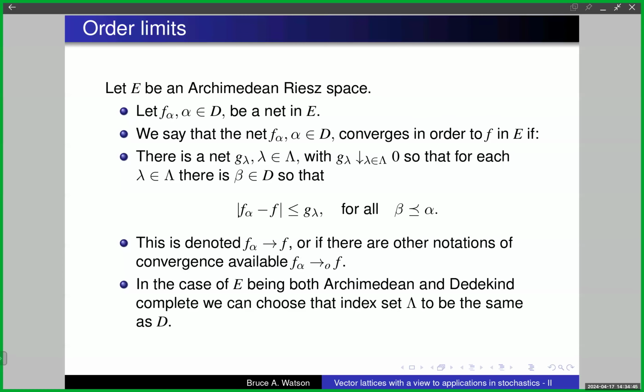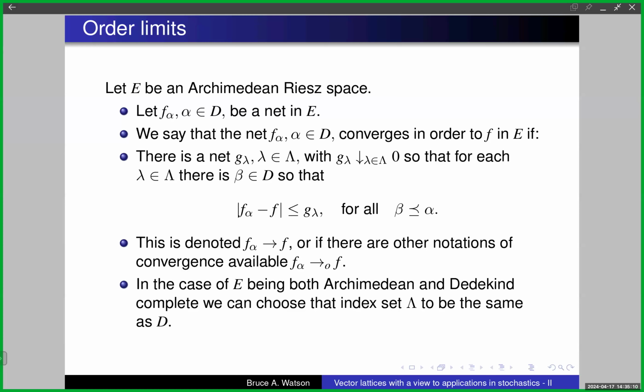If the net f alpha has a limit and it is f, then we write this as the usual f alpha tends to f. If there are other versions of convergence available other than order convergence, this type of convergence that we're dealing with here is called order convergence.